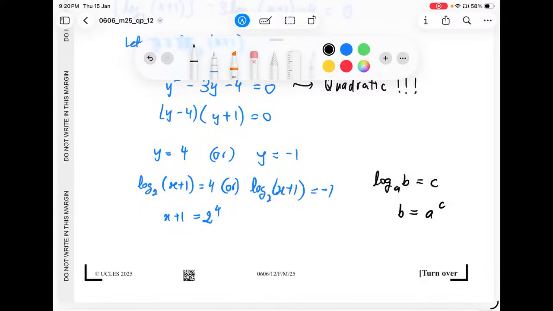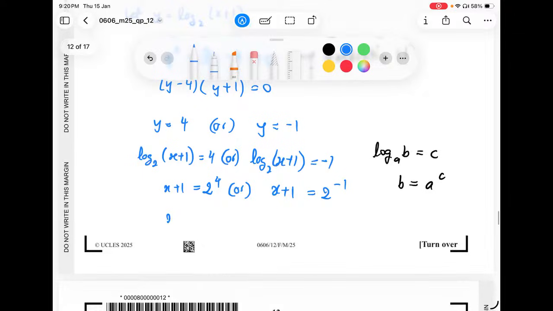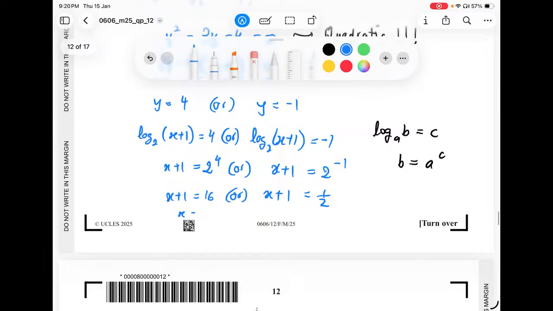That's your log law here, and that's what we did. And there's another solution, x plus 1 equals 2 to the negative 1. So x plus 1 is equal to 16, or x plus 1 is a half. x is equal to 15, or x is equal to negative half.